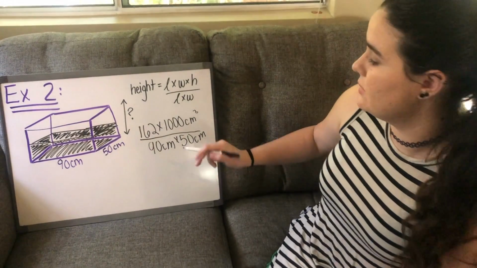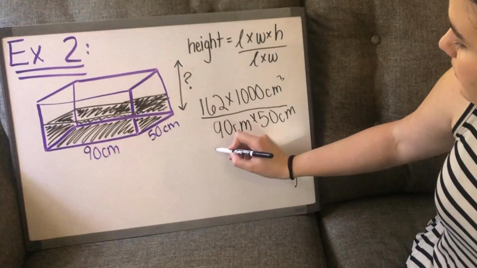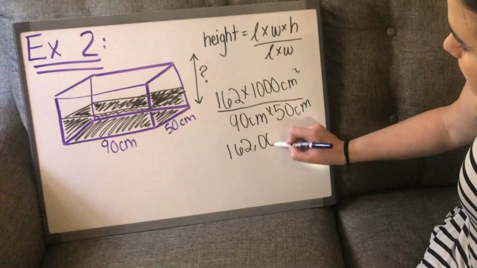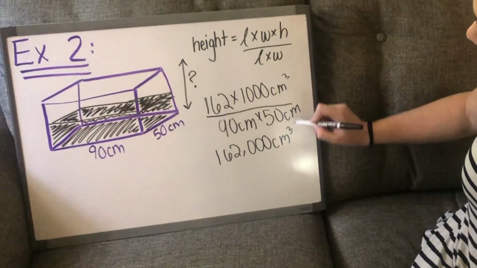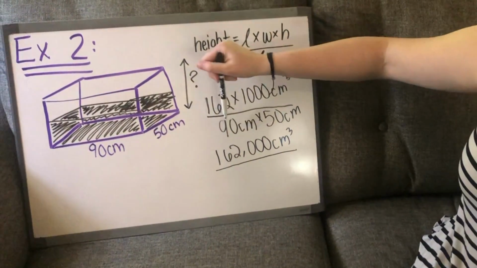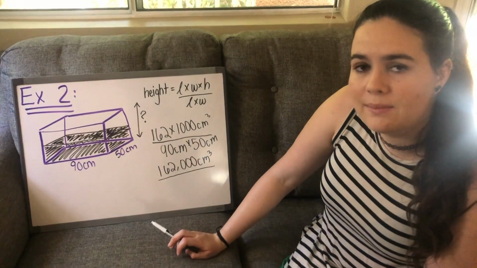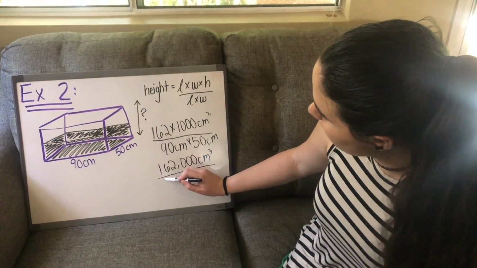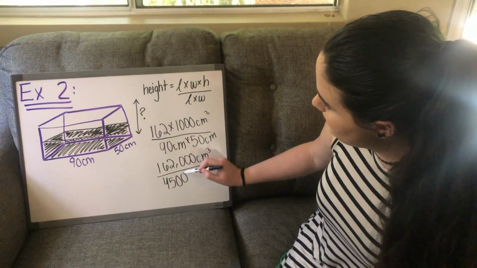Now let's multiply this up. 162 times 1,000 is 162,000. Bring down our unit, which is centimeters cubed, divided by 90 centimeters times 50 centimeters. 90 times 50 is 4,500.